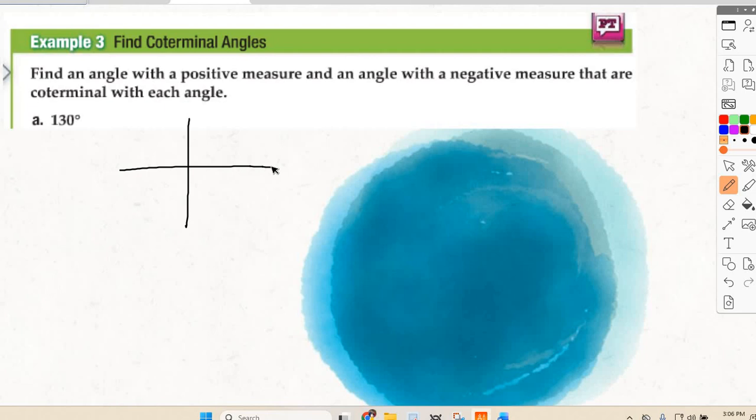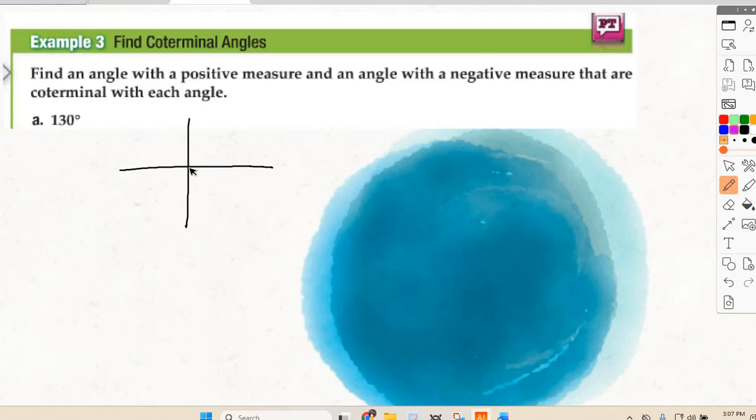What angle is my positive y-axis? 90, okay? What angle is my negative x-axis? 180, okay. So where would 130 have to be? In the second quadrant, right? What is exactly halfway in between? 135. So is our 130 going to be pretty close to that?